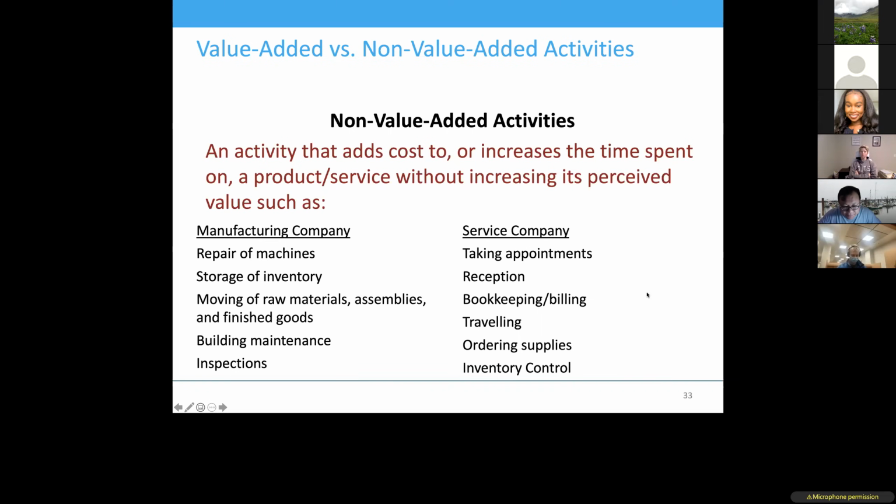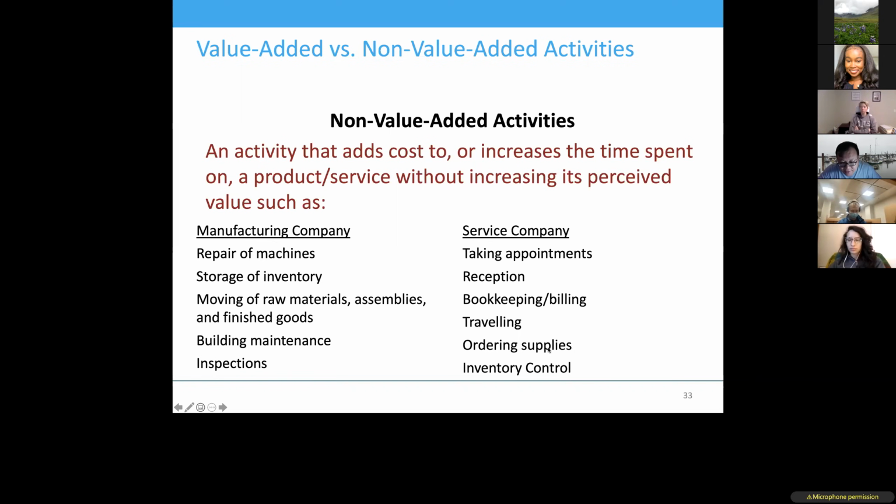Okay, so here you can see that ordering supplies is not adding value to the service you are providing. Traveling, right?